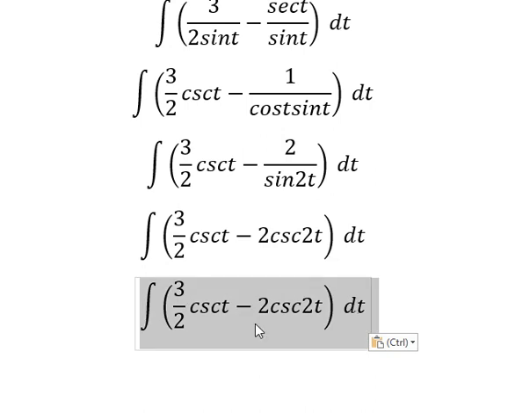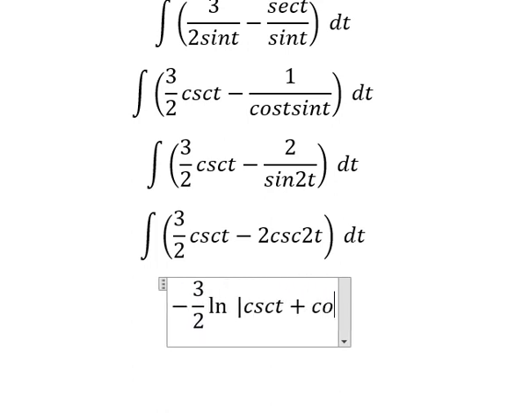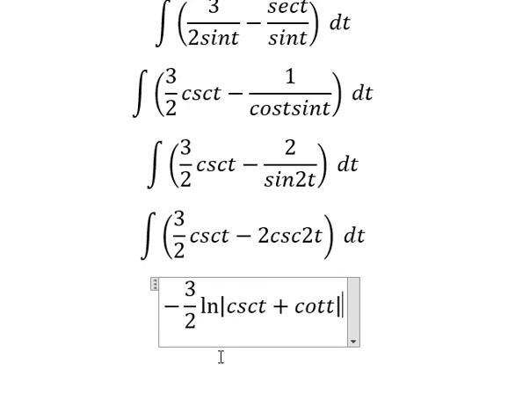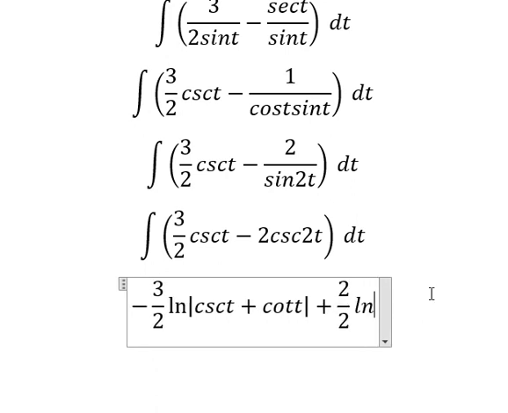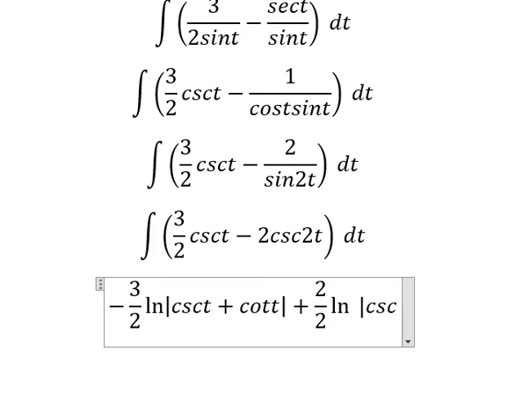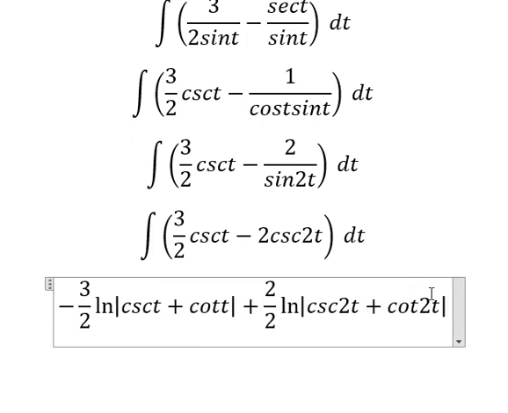The integration of this one, we have 3 over 2 and we have negative ln of the absolute value of cosecant of t plus cotangent t. This one we have negative, but we have another negative from cosecant. So we have positive 2 over 2 ln of the absolute value of cosecant of 2t plus cotangent 2t. And we put c.